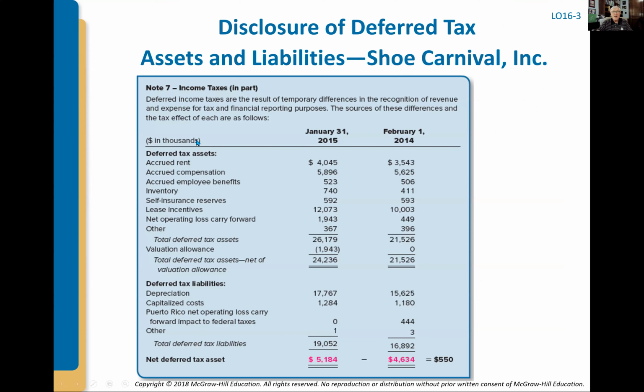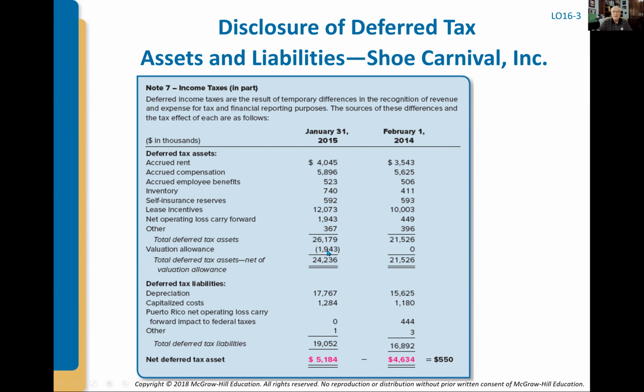Number one, and I love looking at these footnotes. It's kind of interesting, especially if you start understanding this. This is the Shoe Carnival company, and you can see they had in 2015 26 million in deferred tax assets, and they had a valuation allowance of $1,924,000, and they had no valuation allowance in 2014.